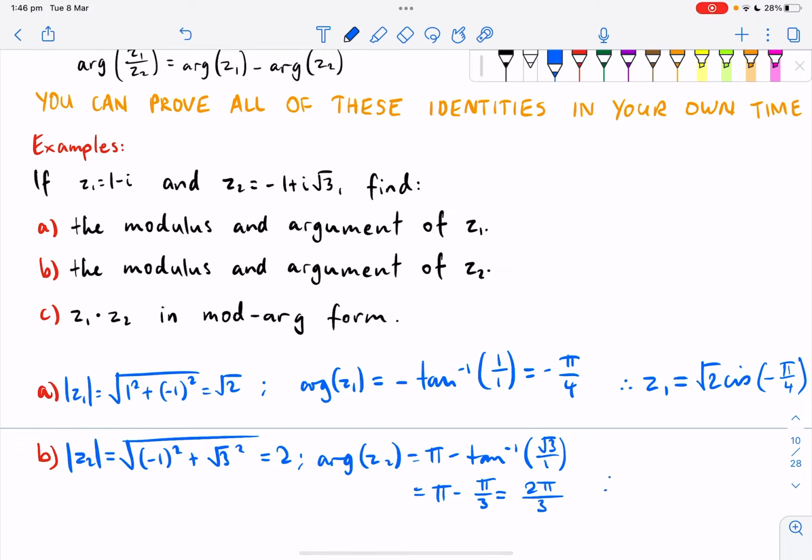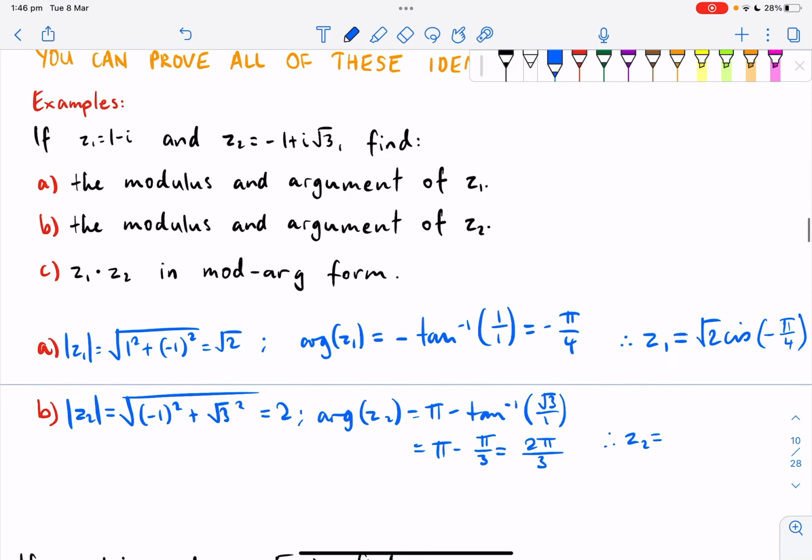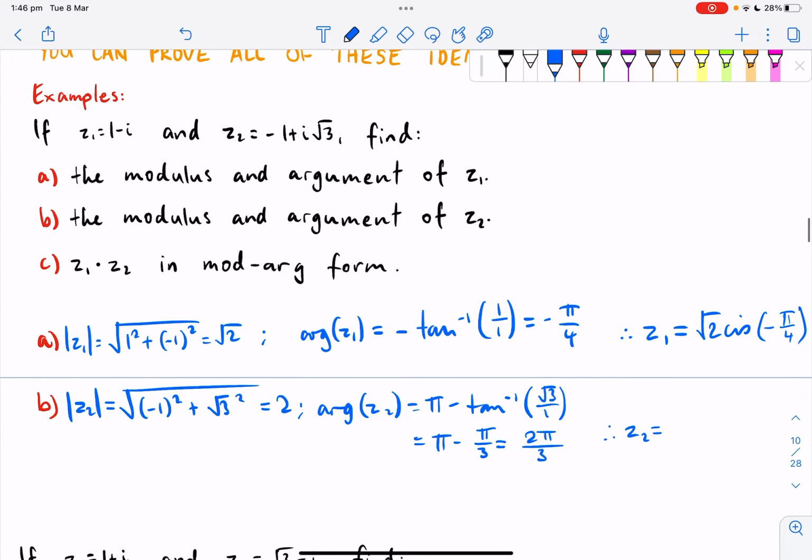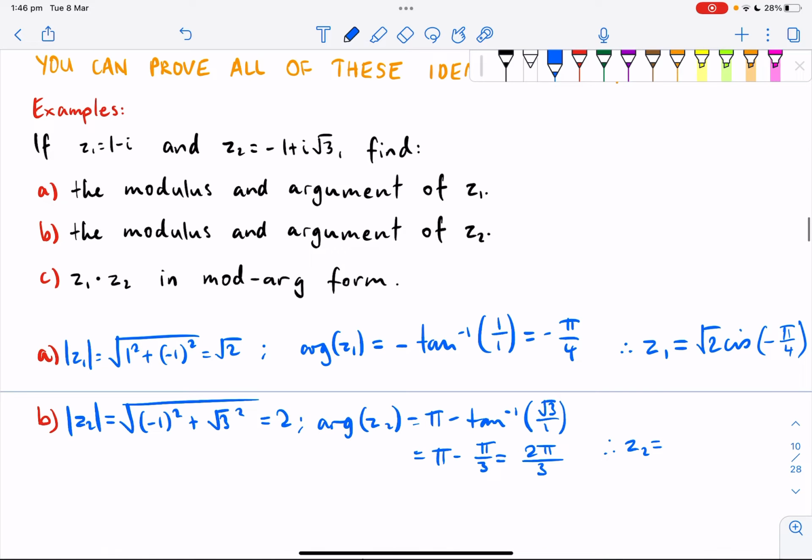And therefore, z2 is equal to 2 cis 2 pi on 3. Sorry guys. And you can see it makes sense. Length of 2, angle of 2 pi on 3. And you saw the way I roughly plotted the coordinates earlier. It seems to match up.